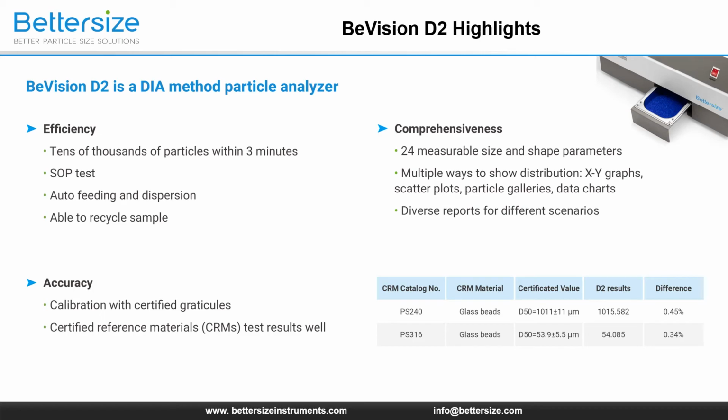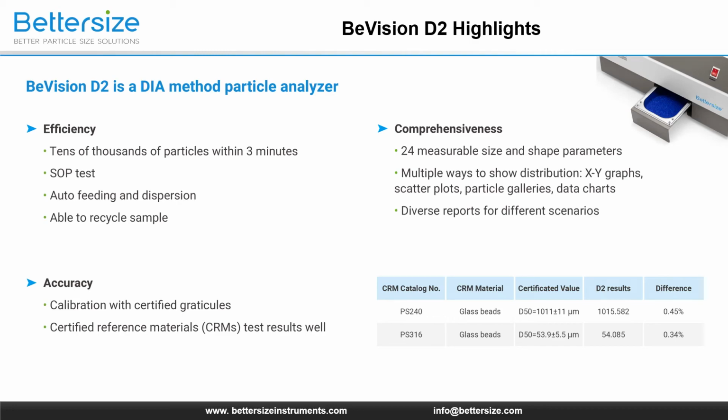particles with maximum efficiency. Besides, the sample recycling drawer can help you recycle samples after a quick test. Same as other members of the Bevision series, the Bevision D2 is accurate while keeping efficient and helps to make a comprehensive validation of particles.